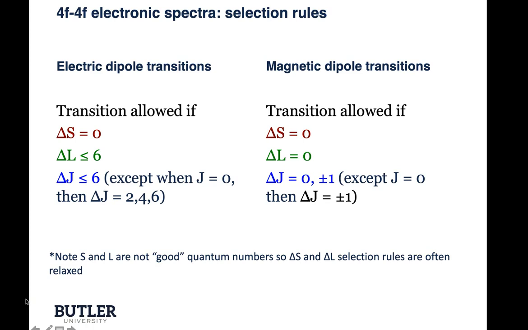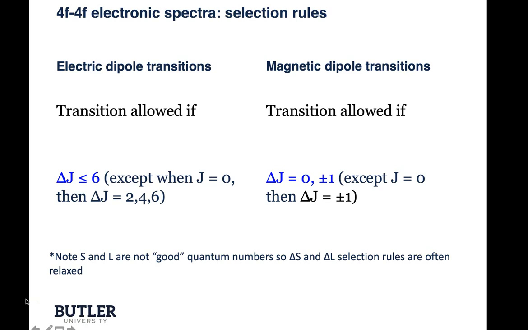And then the magnetic dipole selection rules you see are delta S, delta L. Now, clearly the L and S are not good because we do see in europium 5D0 to 7F0 or 7F1, right? So we're clearly changing spin, we're clearly changing L. So those selection rules are relaxed because S and L are typically not good quantum numbers.